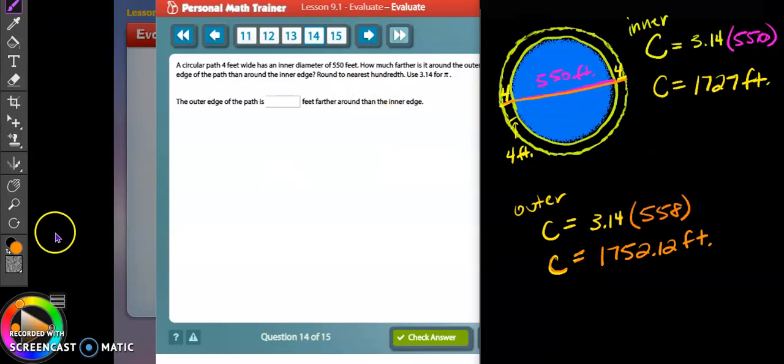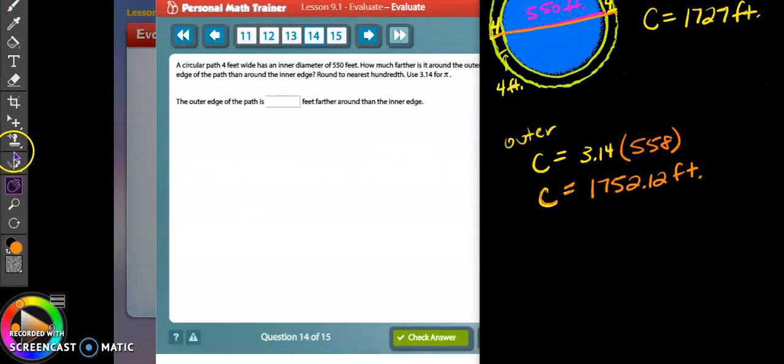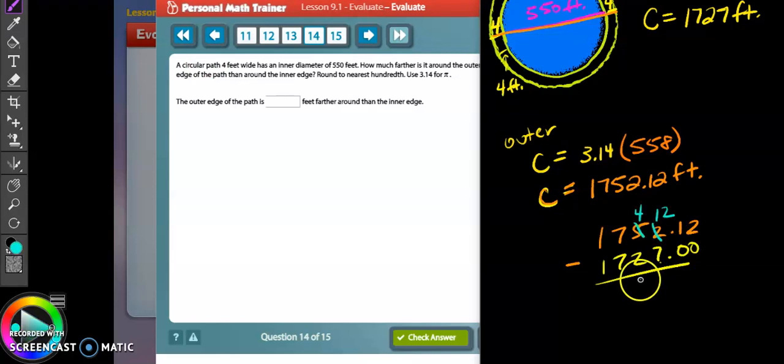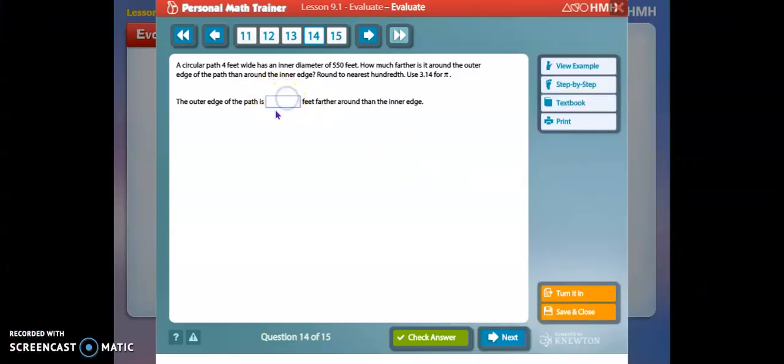We'll subtract them. And once you subtract these, you should get 25.12. And you would just type this in the box here, and you should get your answer.